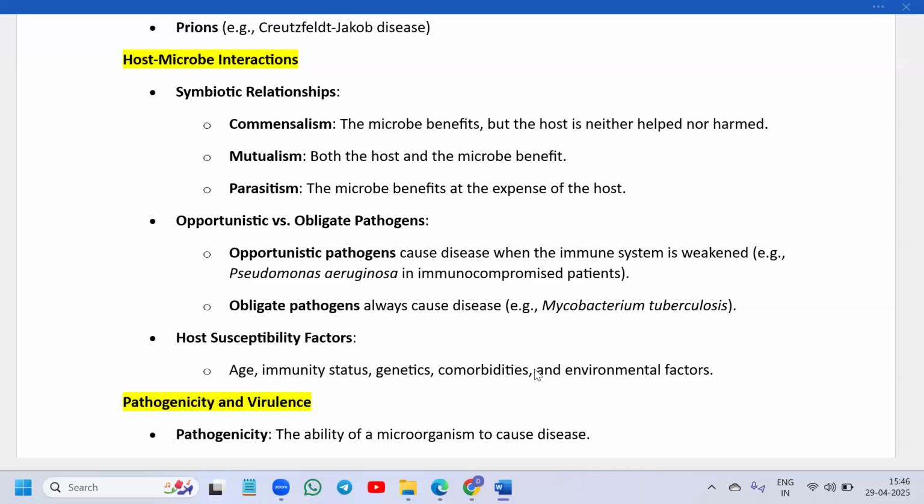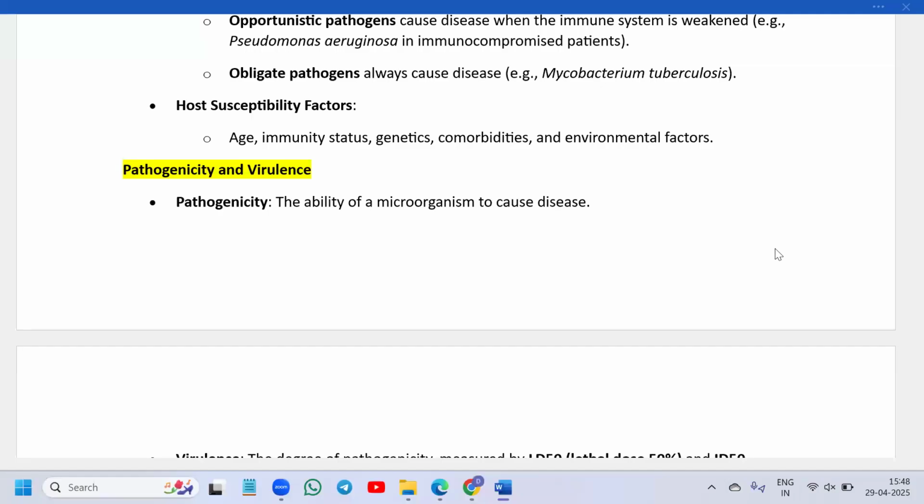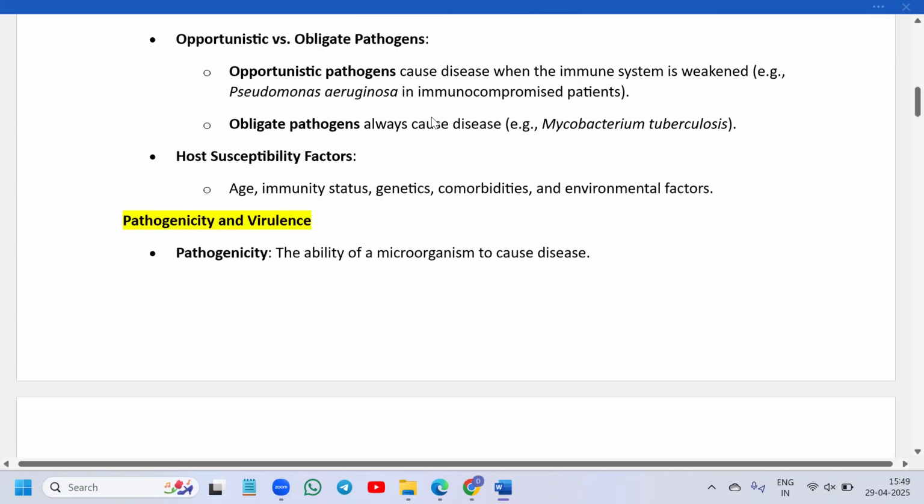Comorbidities, for patients who have diabetes. Comorbidity. So when a patient has diabetes mellitus, he is more prone to developing infections. Likewise, environmental factors, right? So these are different factors that make people more prone to developing infections.